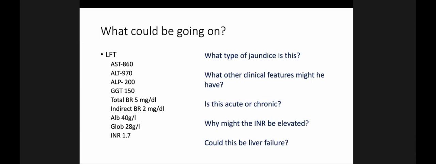The clotting factors, yes. So what's the test that we do? It's INR, isn't it? So can you tell me why the INR can be elevated in this patient?